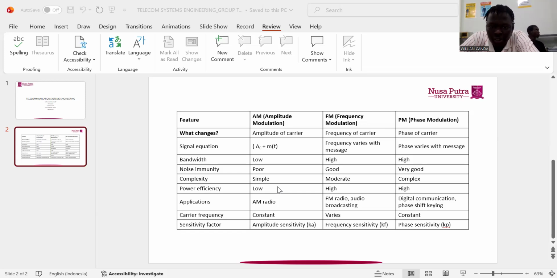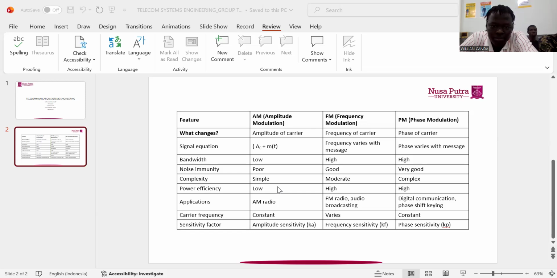Complexity is simple under AM, moderate under FM, and complex under phase modulation. Power efficiency is low in AM, high in FM, and also high in PM.